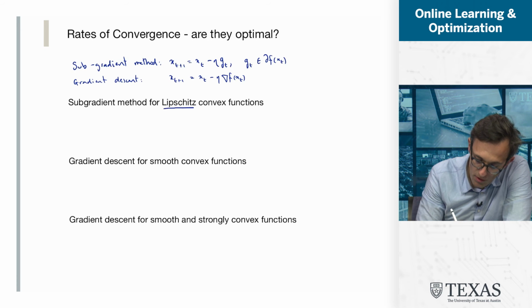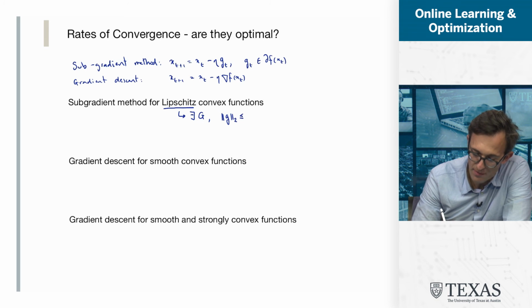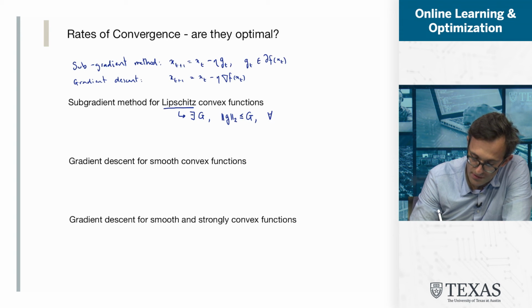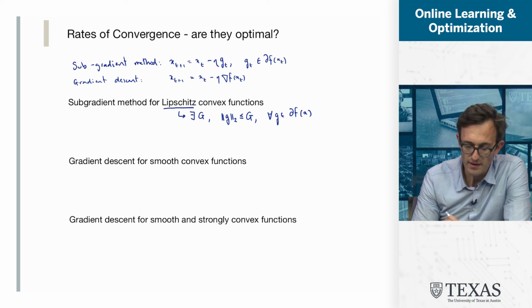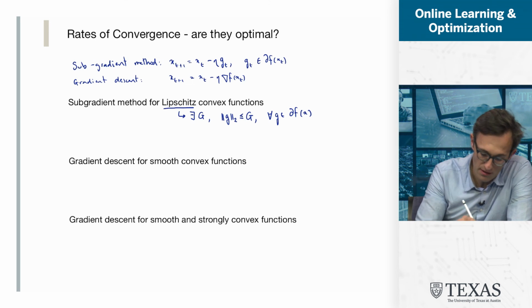So to remind you, there exists some constant, capital G we'll call it, so that the norm of g is bounded above by capital G, and this holds for every g in the subdifferential.